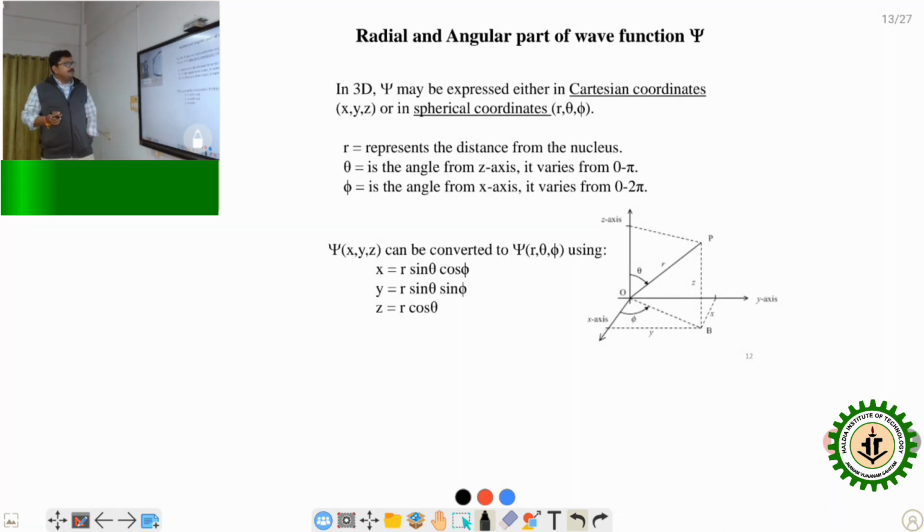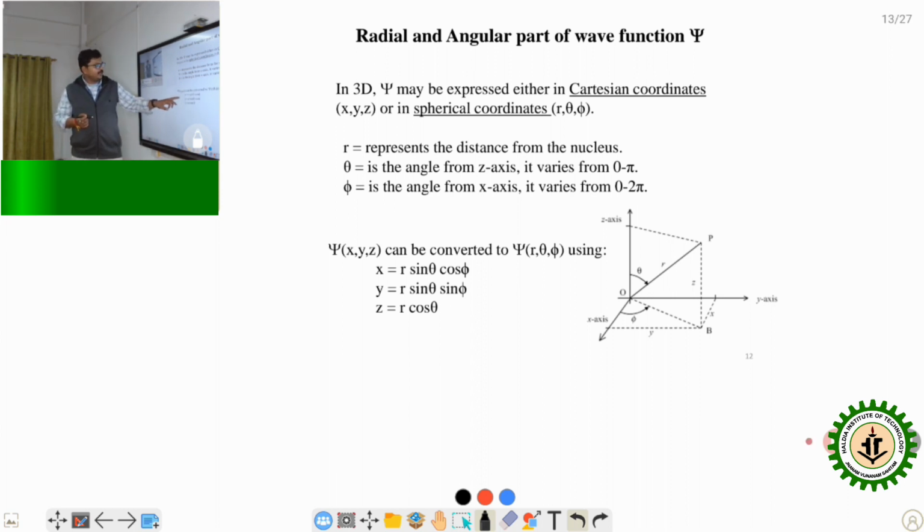So till now, the Schrodinger wave equation I have shown you in the derivation is based on Cartesian coordinates, but this Cartesian form cannot be used for the atom, since we know atoms are spherical in nature. So we need to convert this xyz into spherical coordinates r, theta, phi, and with the help of trigonometry you can easily do that.